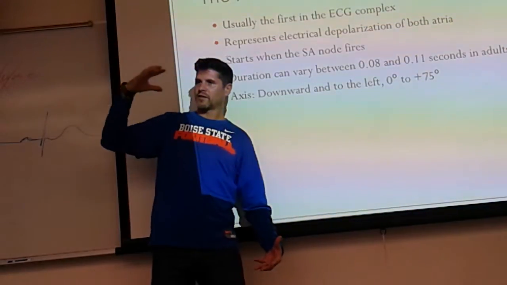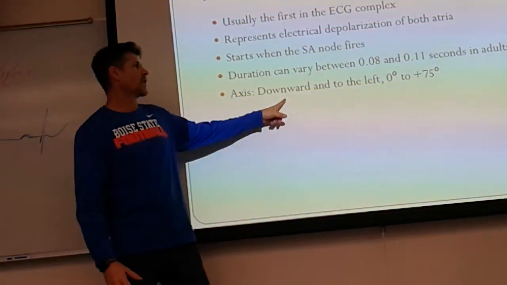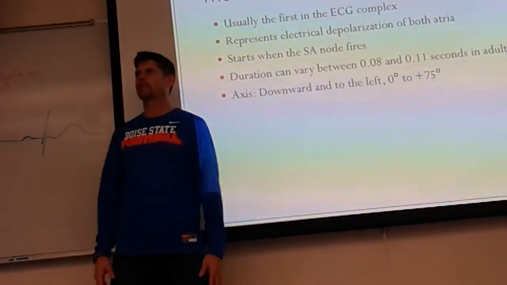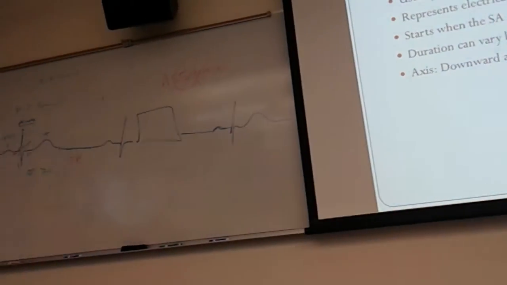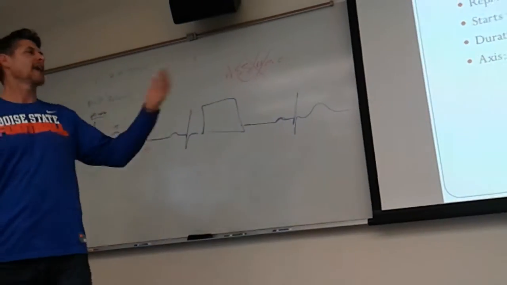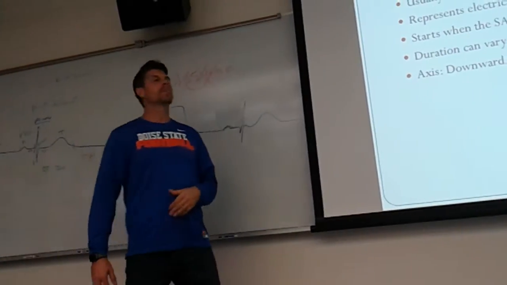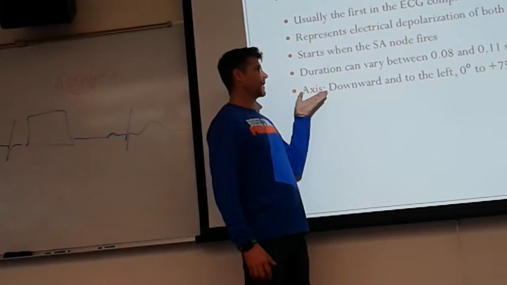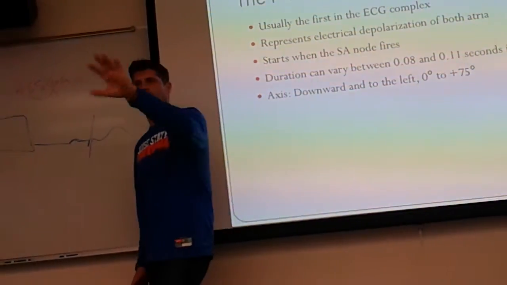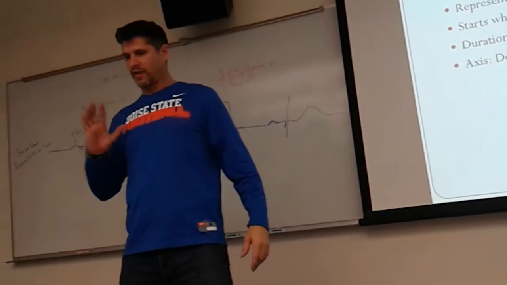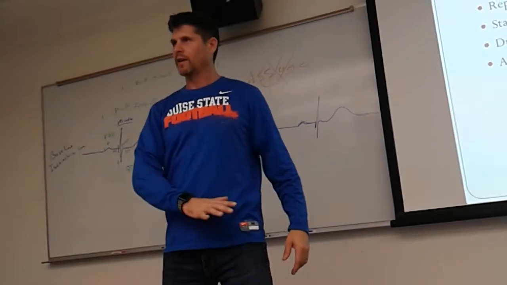So they're coming this general direction. They're moving downward and to the left. Does that make sense? That overall general direction is what we call the axis. And so the P wave axis is traveling from 0 degrees to 75 degrees. We'll talk about the degrees later, but that means it's either going this way to this way.